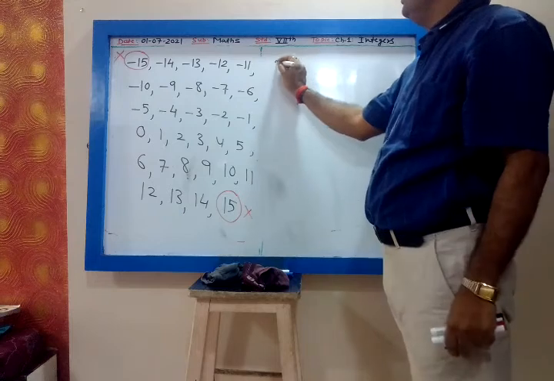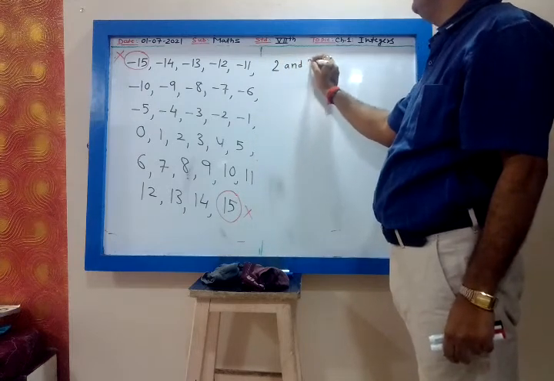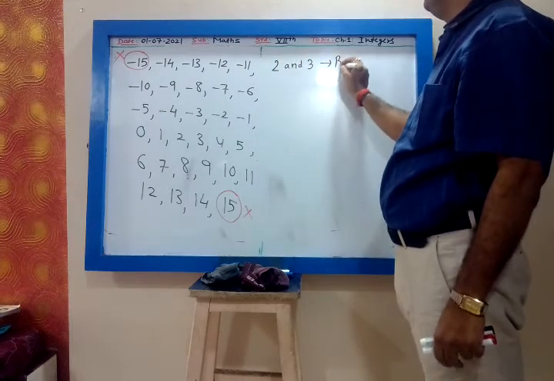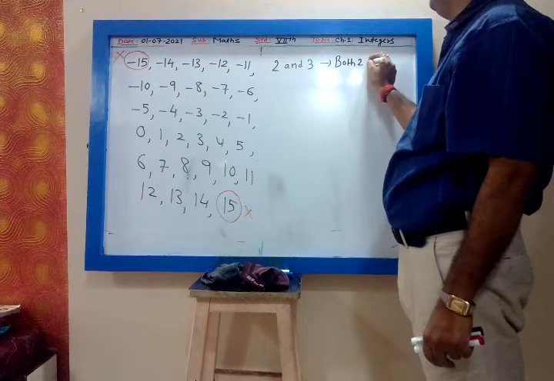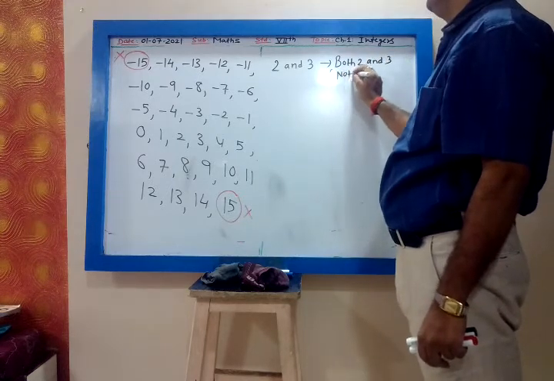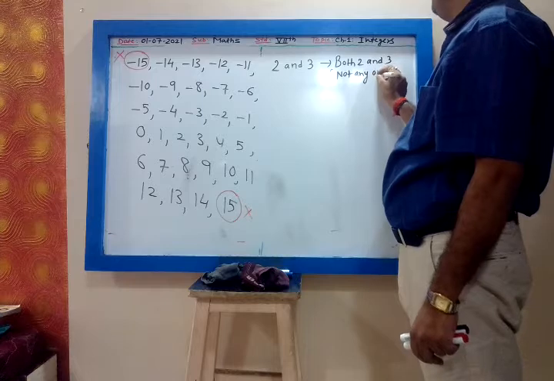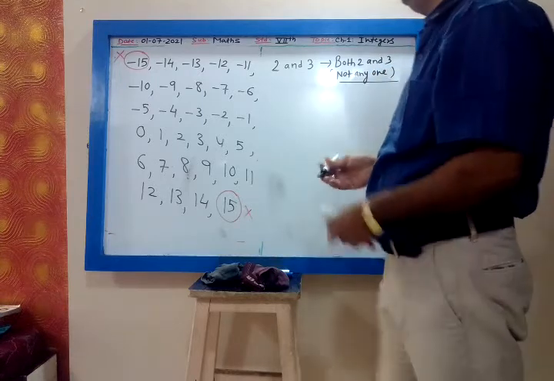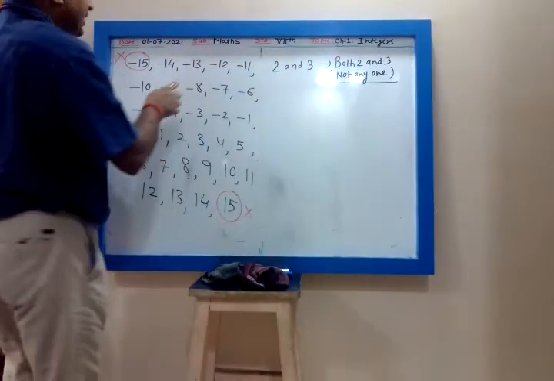2 and 3 means both 2 and 3. Not anyone. It should be divided by both. So let us take the number minus 14.